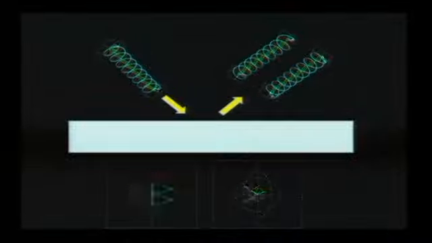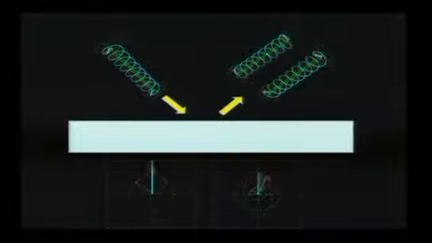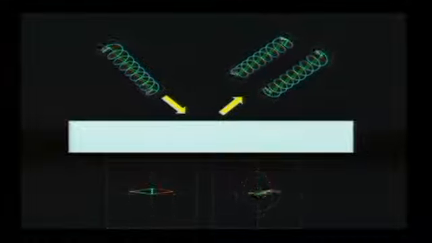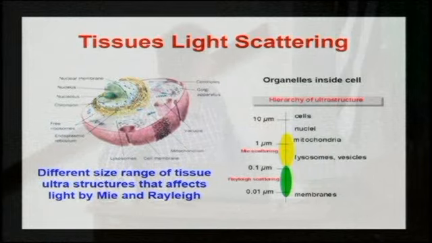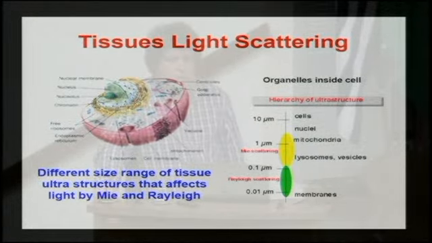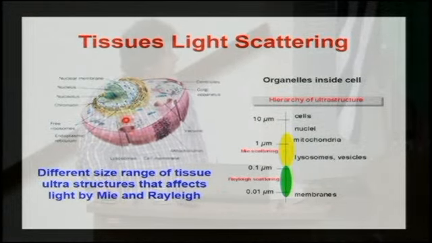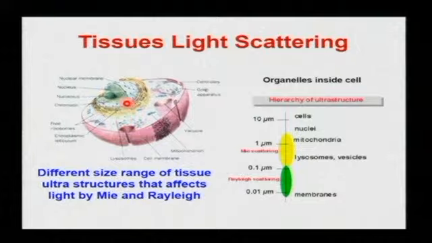Okay? And actually, in our case, there's a central issue. When we consider light scattering in tissues, normal and abnormal, for normal tissues the size of the nuclei that are the main scattering particles is very close to Rayleigh scattering.